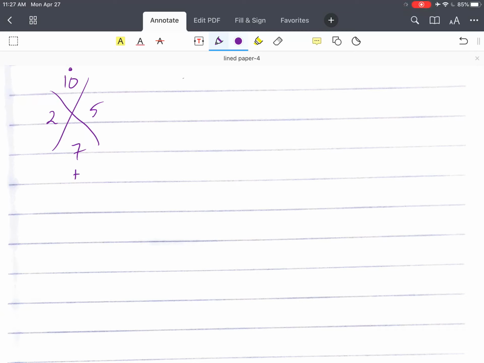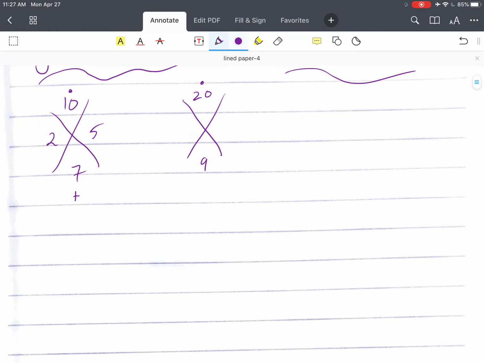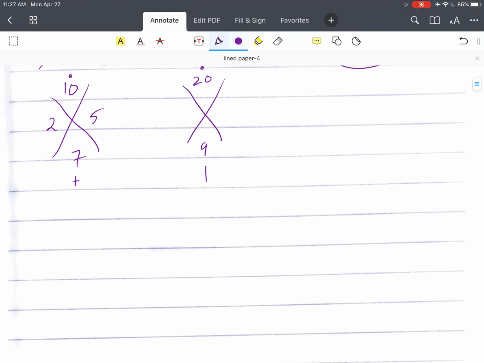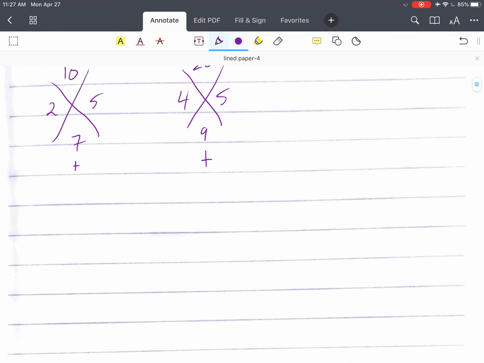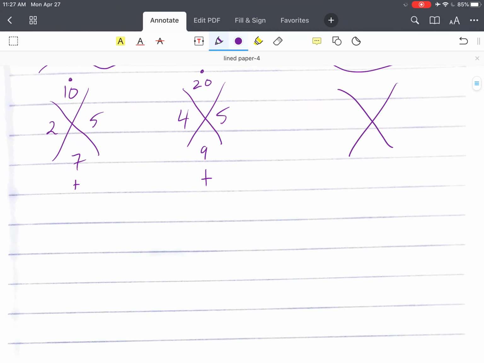If you thought 2 and 5, you're correct. Let's do another one. What two numbers multiply to 20 and add up to 9? If you thought of 4 and 5, you're absolutely correct.